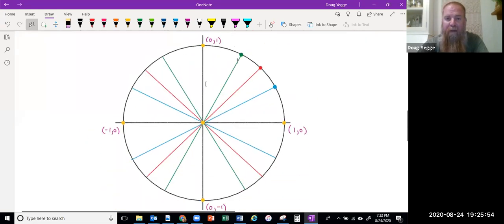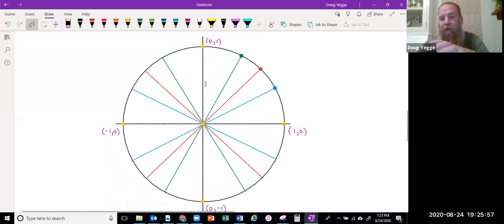So this method is going to be a way for us to be able to find sine of 7 pi over 6, or cosine of 2 pi over 3, or sine of 7 pi over 4, without ever having to do any work other than visualizing this unit circle.